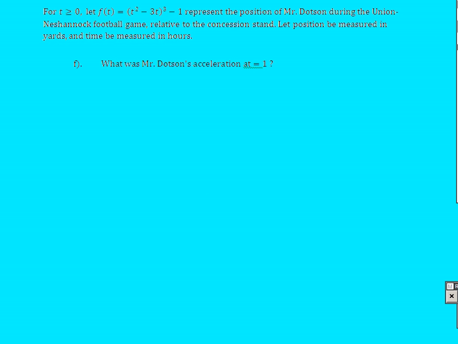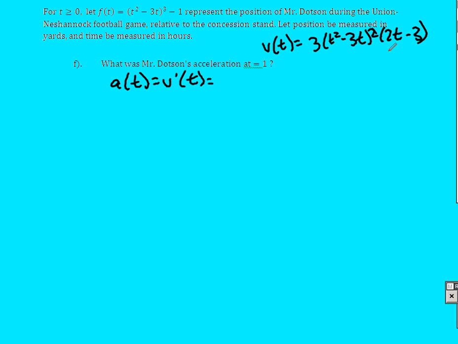Then the last one, what is the acceleration at time equals 1? Acceleration is the derivative of velocity. So all we're going to do here is find the derivative of our velocity function. As a reminder, the velocity function was 3 times (t squared minus 3t) squared times (2t minus 3). Or if you expanded, or brought the 3 in, (t squared minus 3t) quantity squared times (6t minus 9).